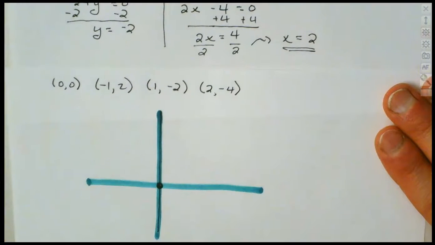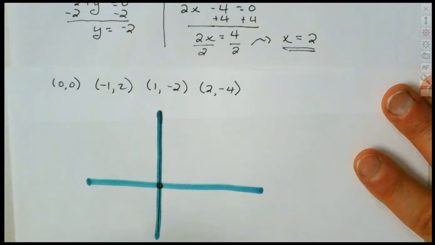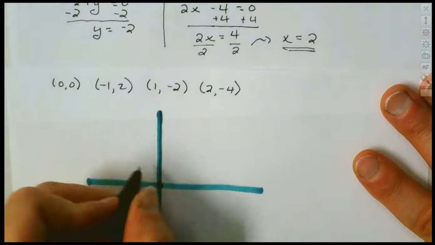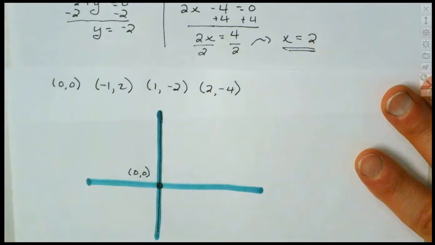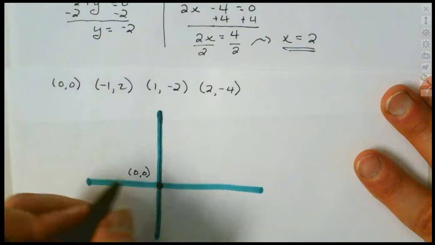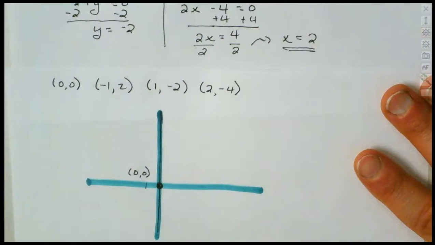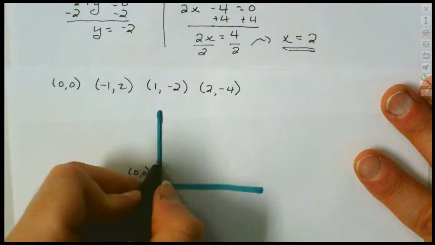I like to label them. You don't have to, but I do like to label our ordered pairs so we know where they're at. So this one is going to be right here at 0, 0. That's your origin. And we've got minus 1, positive 2. So that's back 1 and then up 2 units.